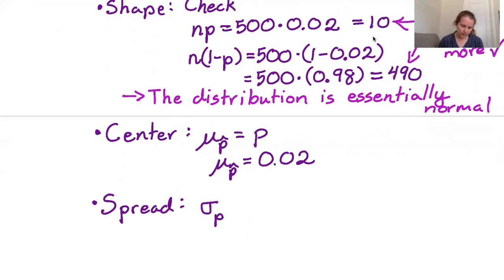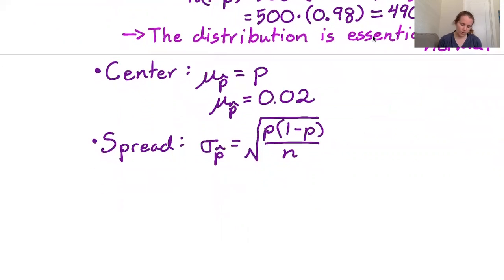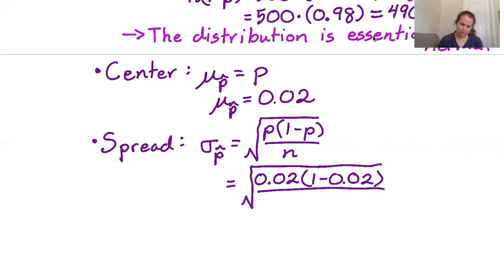So sigma sub p hat is the square root of p times 1 minus p divided by n, or the square root of 0.02 times 1 minus 0.02 divided by 500.